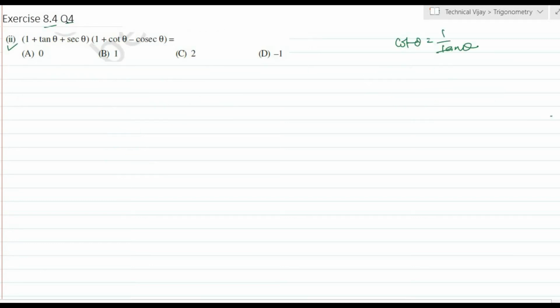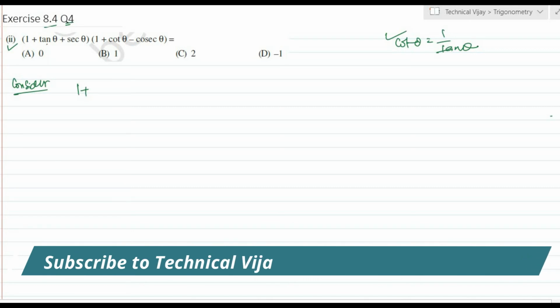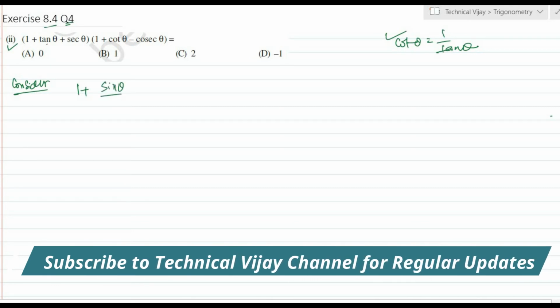Exercise 8.4, question number 4. Here (1 plus tan theta plus secant theta)(1 plus cot theta minus cosecant theta). We know that cot theta is equal to 1 by tan theta. So here, 1 plus tan theta can be written as sin theta divided by cos theta, plus secant theta as 1 divided by cos theta, because we can take the LCM. And 1 plus cot theta means cos theta divided by sin theta, minus cosecant theta, 1 over sin theta.